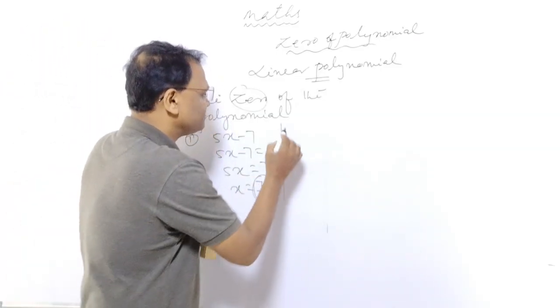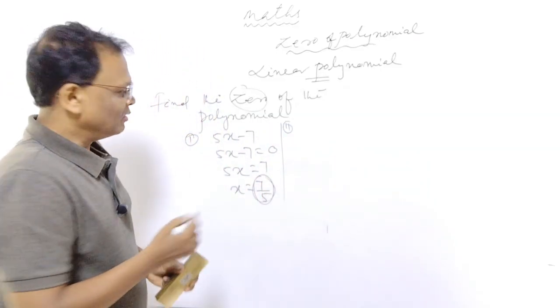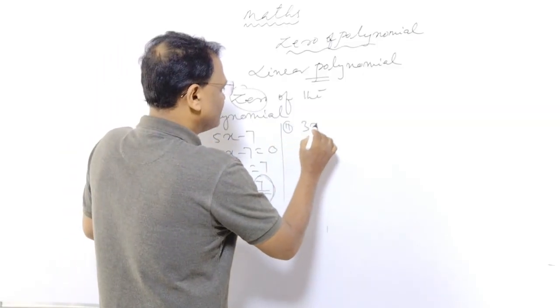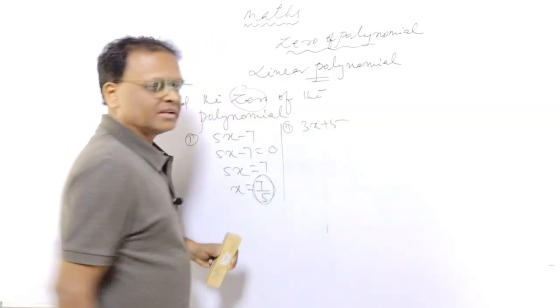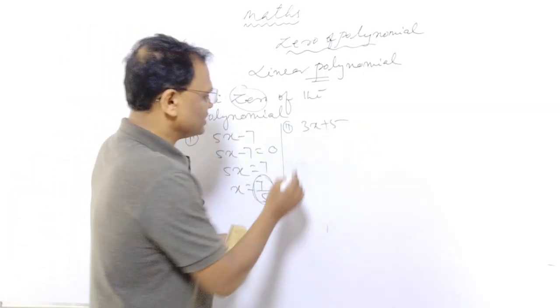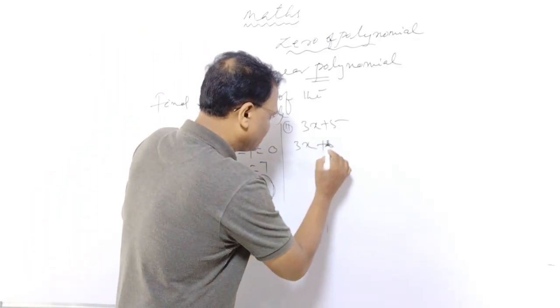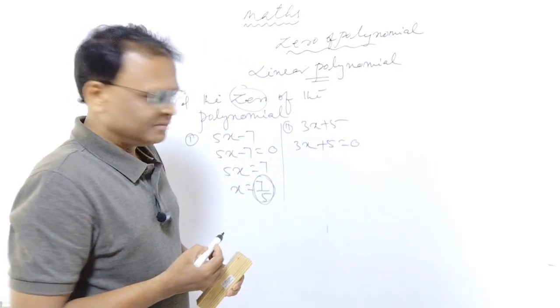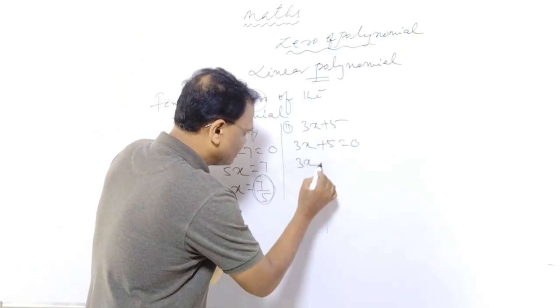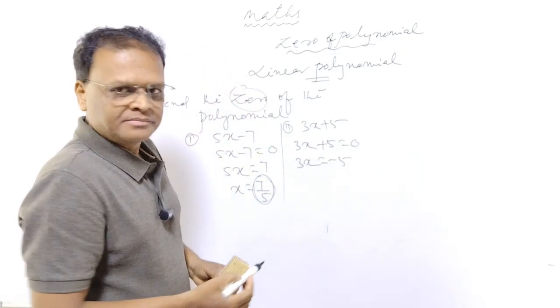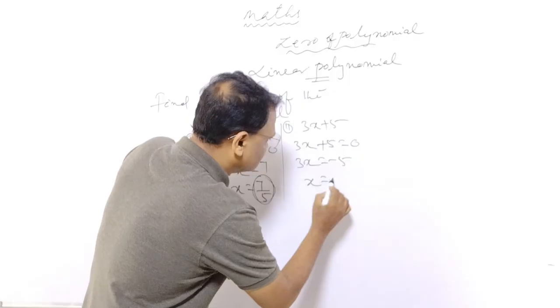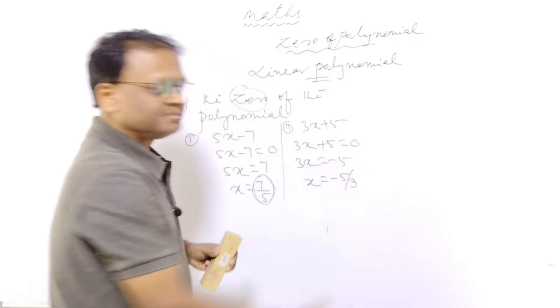Let's do one more. Suppose one plus sign we will take, 3x plus 5. Again, I will do the same thing. 3x plus 5 equals to 0. Now 3x equals to minus 5, or x is equals to minus 5 by 3.